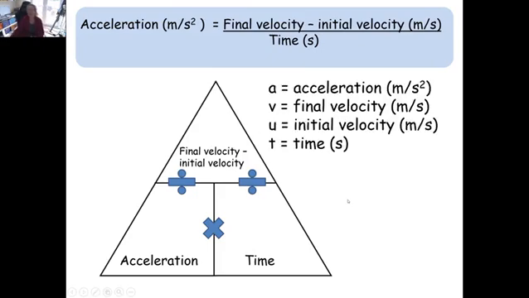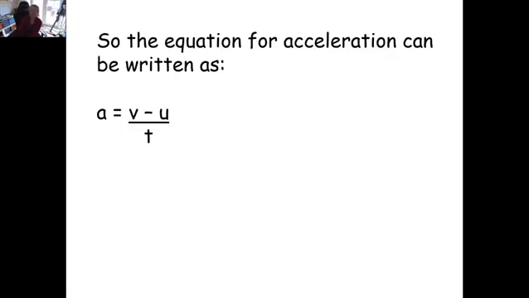You also need to be familiar with some of these symbols, year 10. So A is acceleration, V is equal to final velocity, and U is equal to initial velocity, and T is time. Very often you will see the equation written like this: acceleration, final velocity, initial velocity, and time.